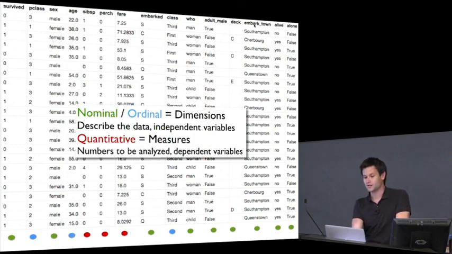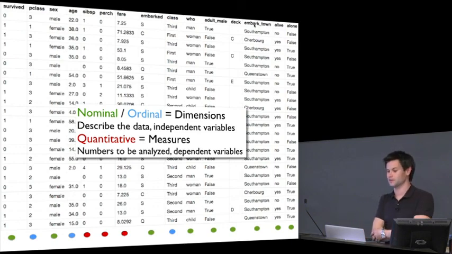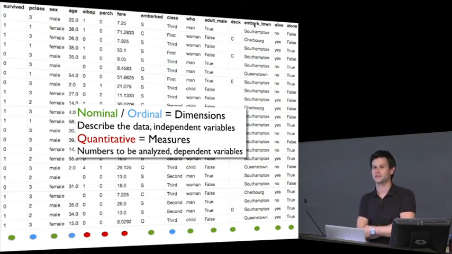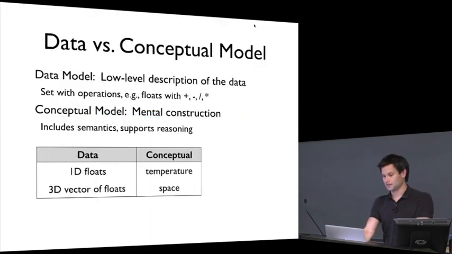Okay, so nominal and ordinal are dimensions. They describe the data, and we call them independent variables. And quantitative data are measures. That's the numbers that you need to analyze. And they're dependent variables. They always depend on a different variable. For instance, the fair depends on the location where you have bought it, and so on.